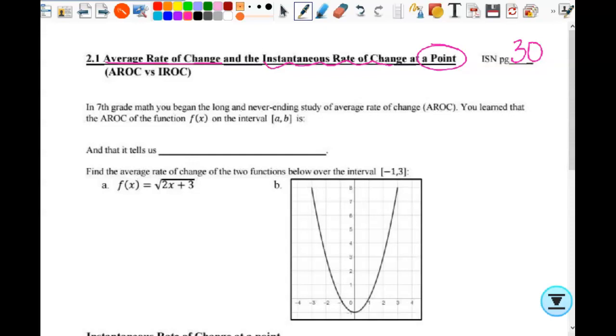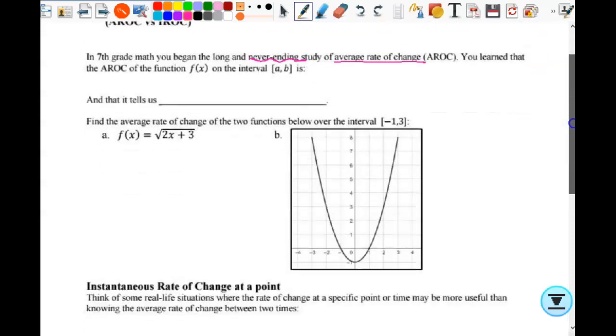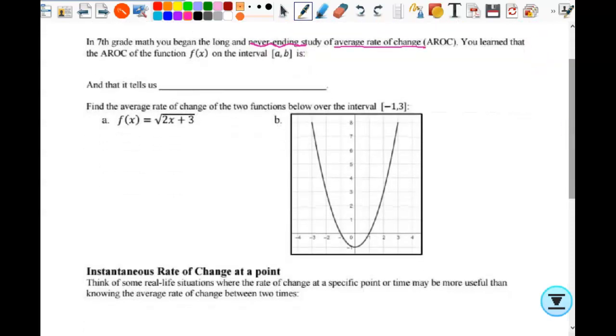All right, so this says in 7th grade math, you began the long and never-ending study of the average rate of change. But you really just called it rate of change because even though it was the average, since they were all lines, it was constant. So no matter what you did, it was the same one, right? And you learned that the average rate of change for the function, so if we have the interval from A to B, this is how we would write it. And we can use M for slope right now still. So this is my A, this is my B, right? These are x values. This is an interval of x values.